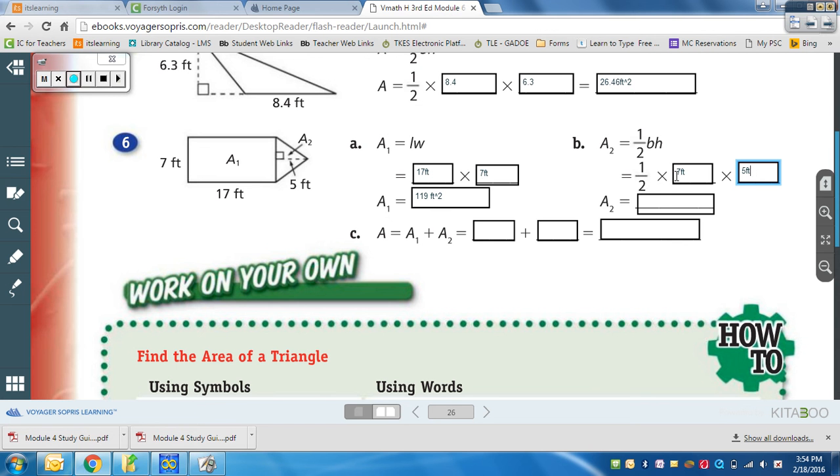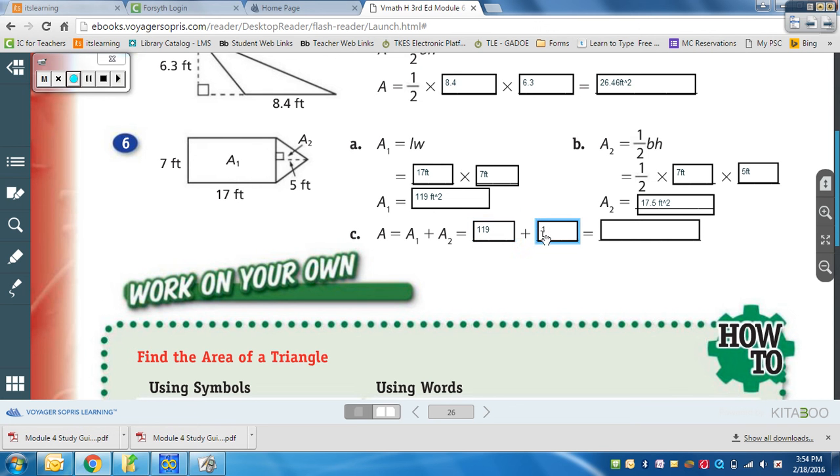So 1/2 times 7 feet times 5 feet gives us what? 17.5, because 7 times 5 is 35, and 35 divided by 2 is 17.5. So 17.5 feet squared.